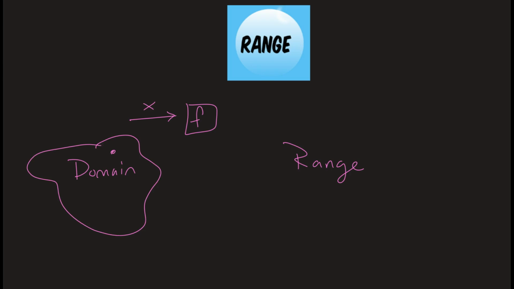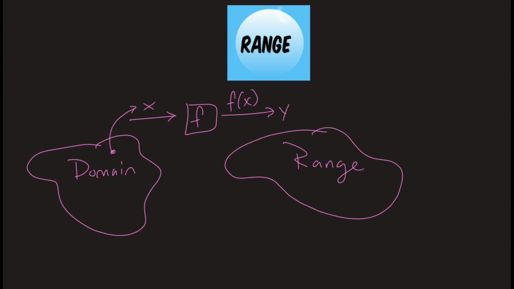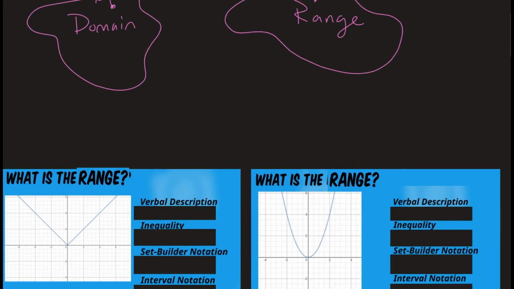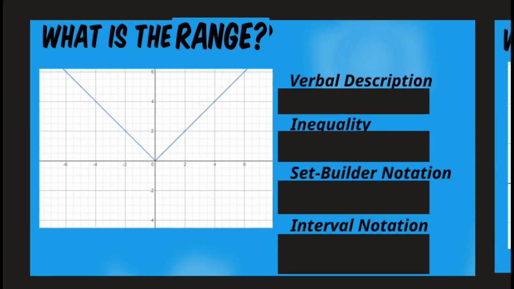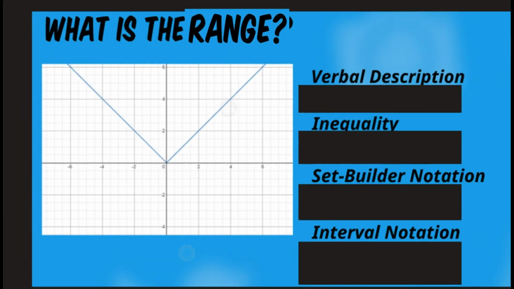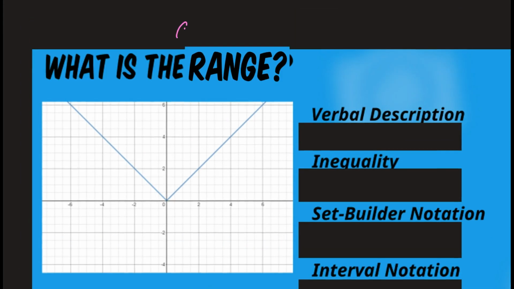It is the set of all x values being mapped, it's called, into F and producing f of x, or our y values. And the set of all possible y values is called our range. So here, when we're talking about range, it's the exact same thing as domain, but now we're just dealing with y.